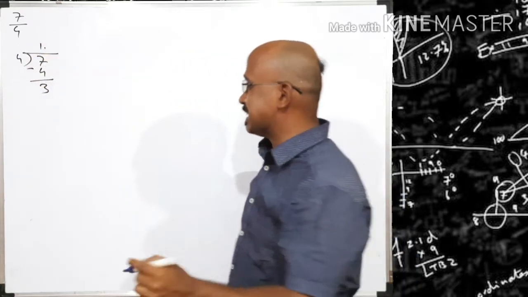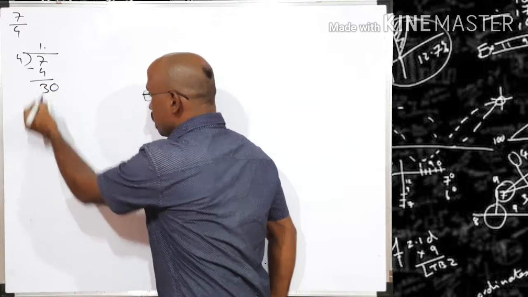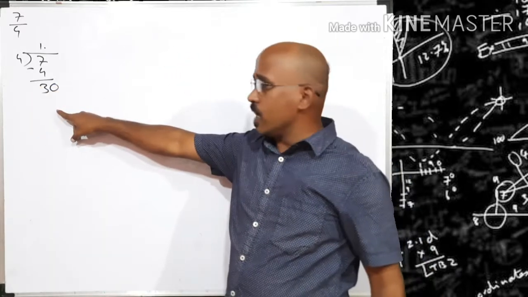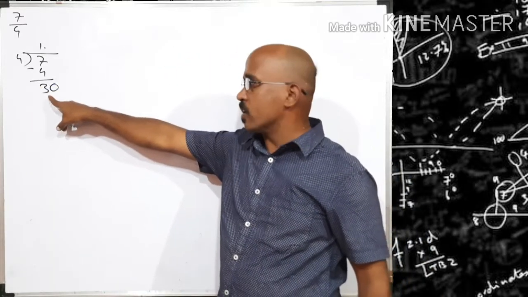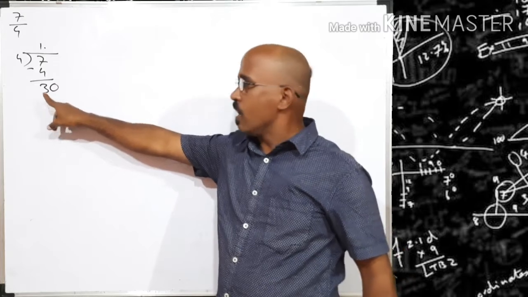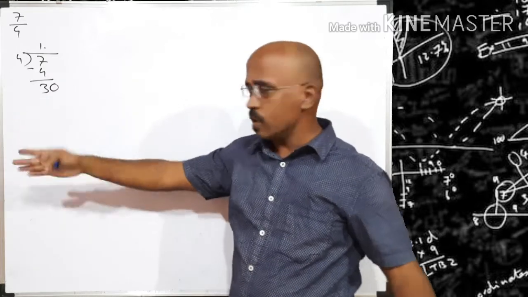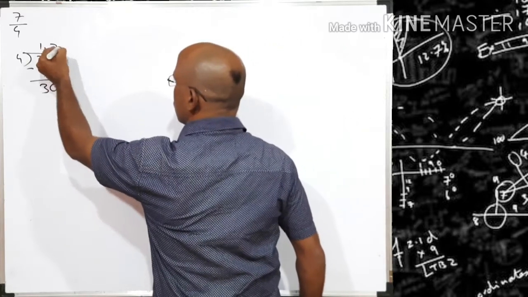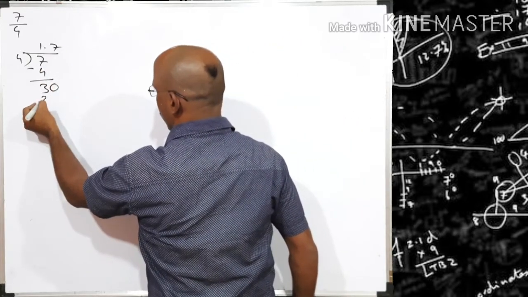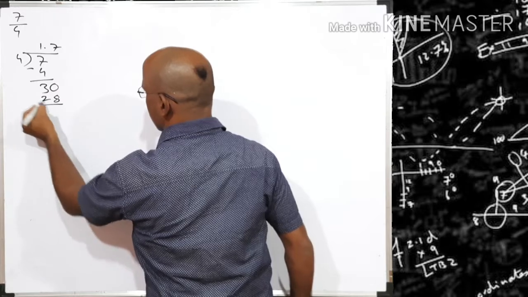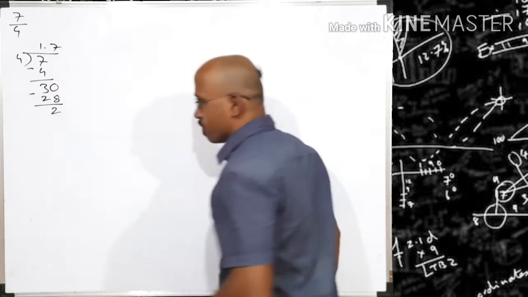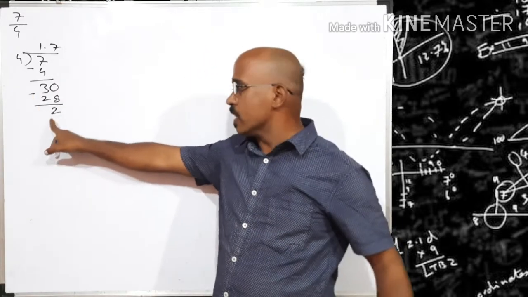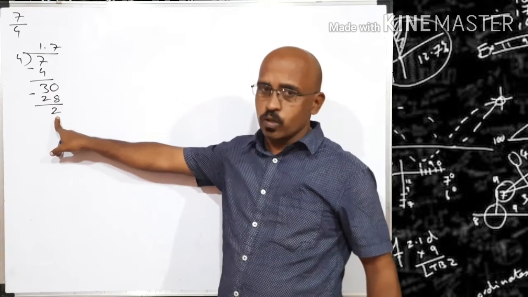First step. Second step, add a 0 after the remainder and divide the remainder. Clear? So 30 divided by 4 is 4 7s are 28. 2 is the remainder. Now again the remainder is not 0, so what do we have to do?